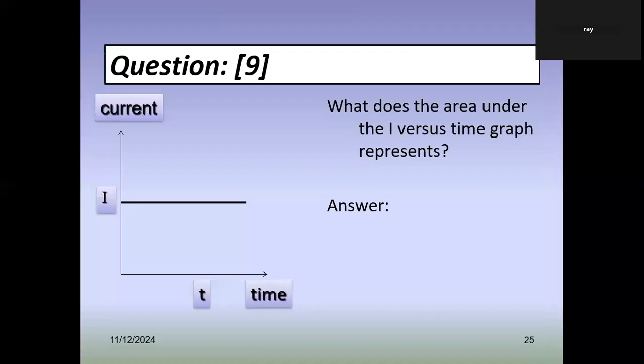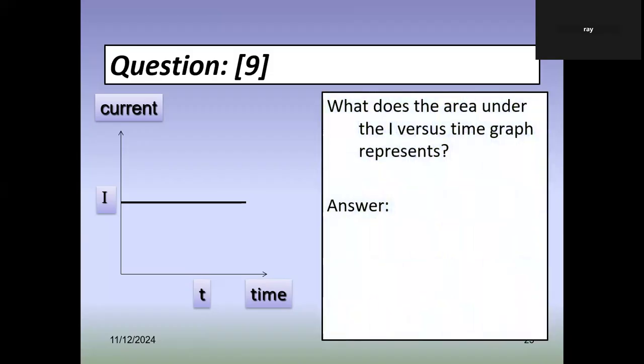What does the area under the graph of I versus time represent? Any idea? Go to the equation.